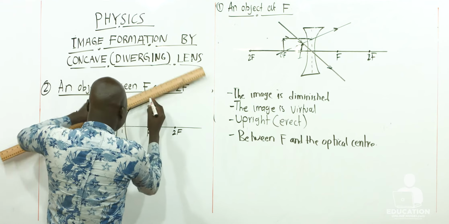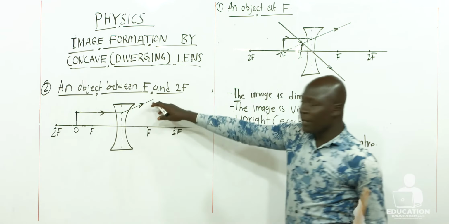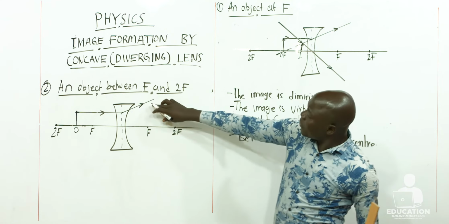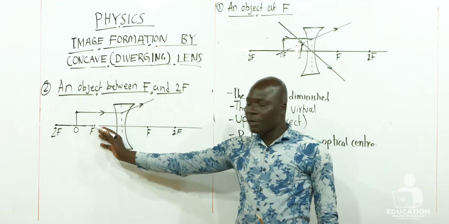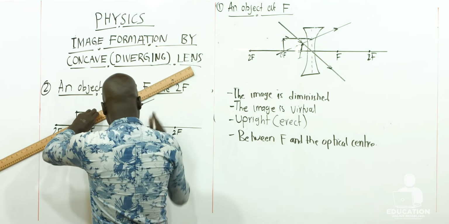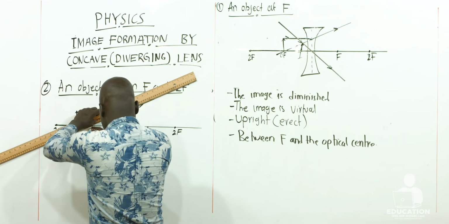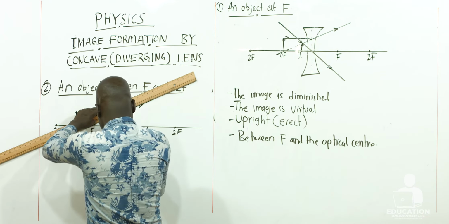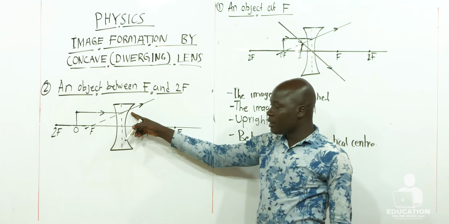So this ray appears to be coming from this point called the principal focus, that is after refraction from the lens.